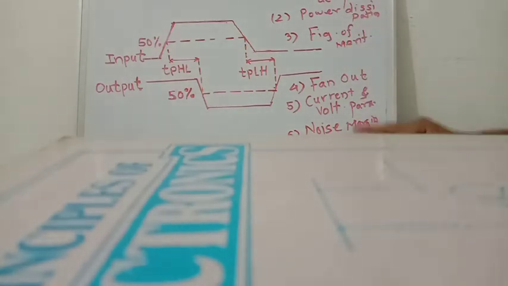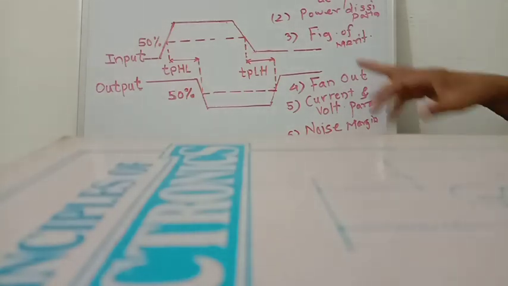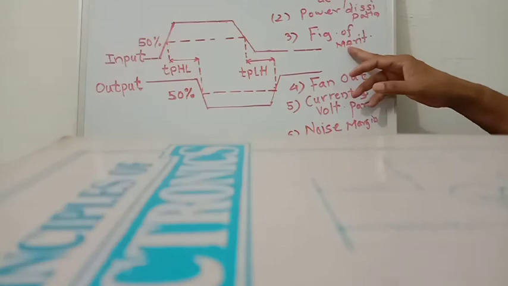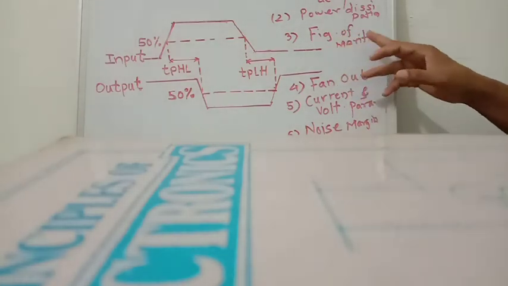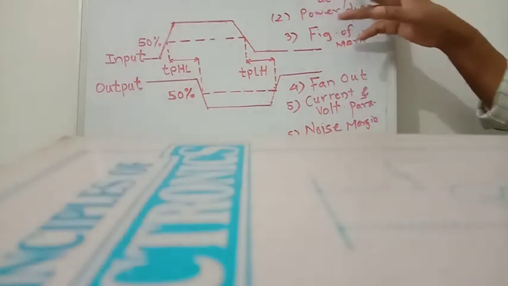Then third, figure of merit. It is the product of speed and power. Speed means propagation delay time.